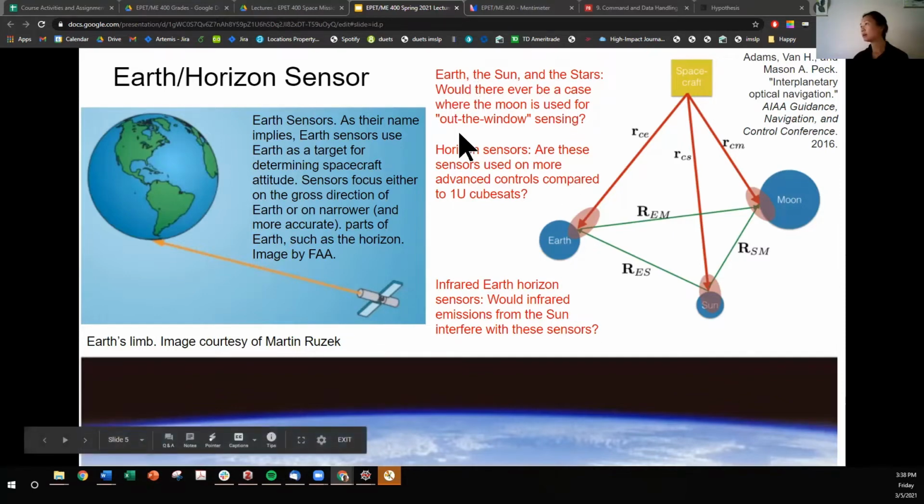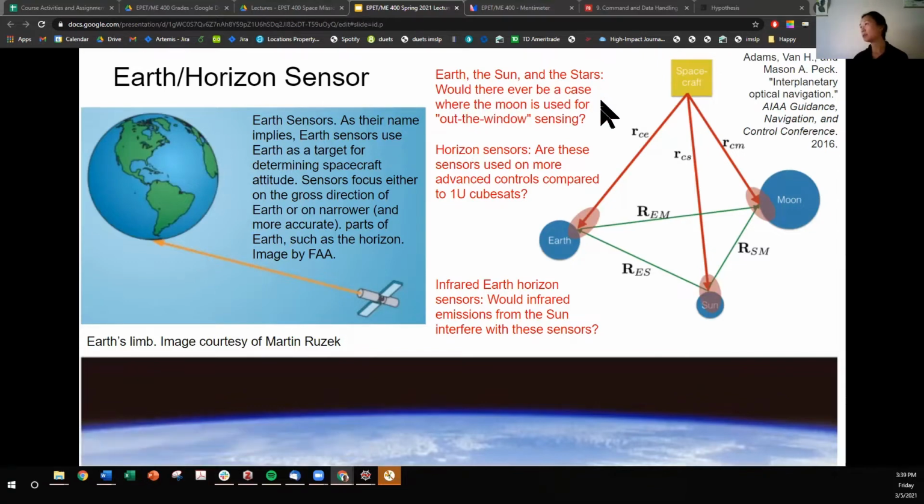Now let's go up here. Would there ever be a case where the moon is used for out-of-the-window sensing? Absolutely, great question. There is a paper out there, published about 5 years ago, called Interplanetary Optical Navigation, where a mission was scoped around traveling from the Earth to the moon.